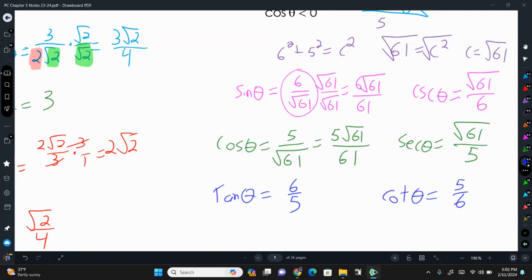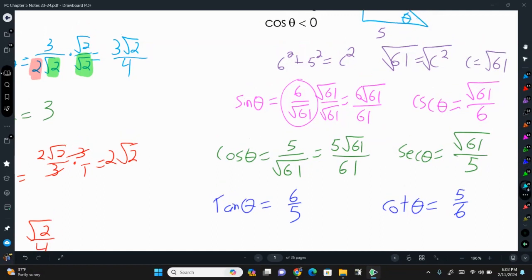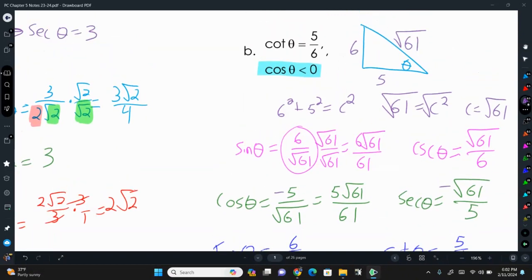Now what we have to do is look at this other piece of information. Cosine is less than 0, so cosine's negative. So that means cosine and secant must be negative, but sine must also be negative because cotangent is positive.